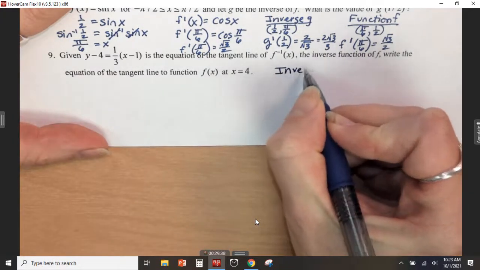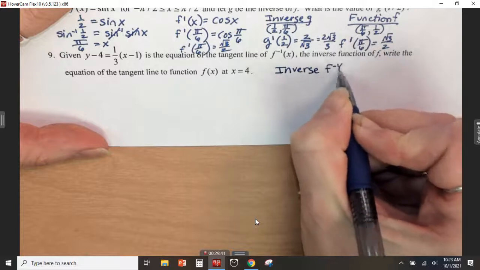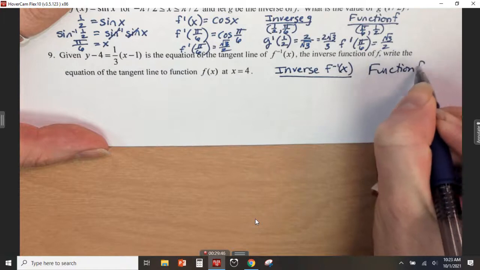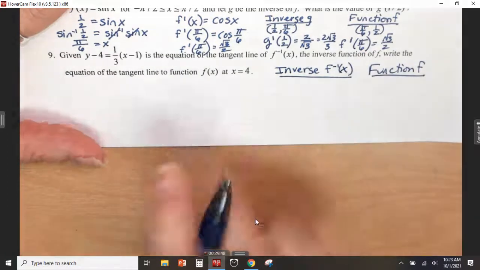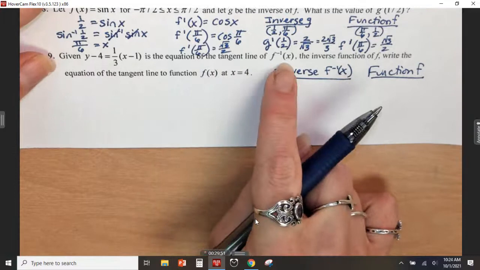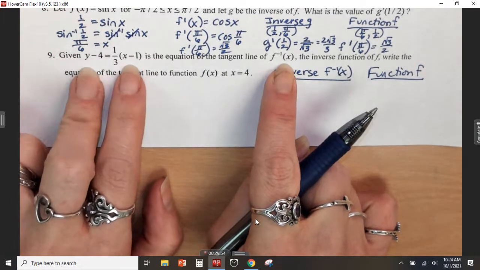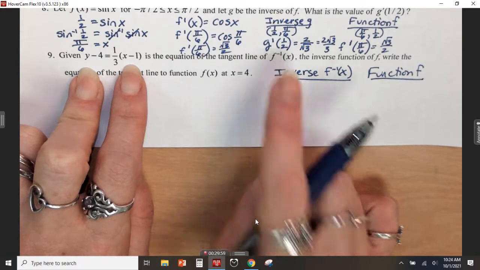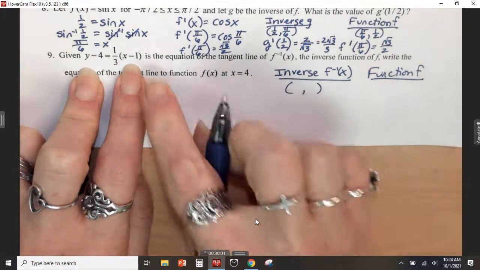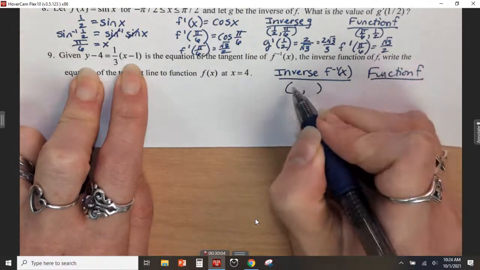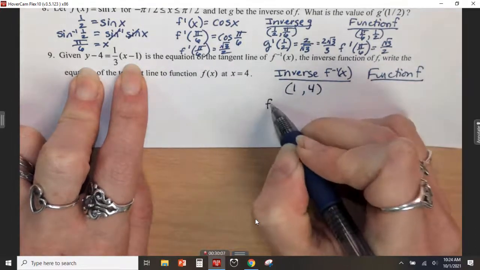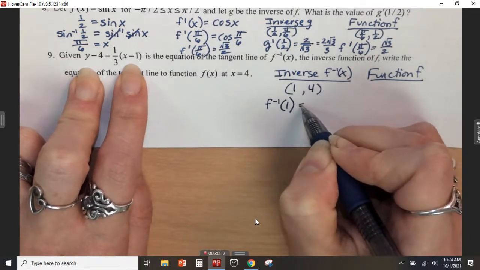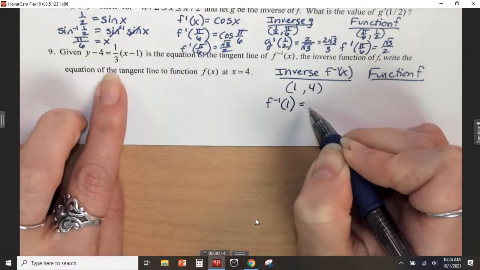The inverse this time is f inverse of x, and the original function is f. This is the equation of the tangent line of f inverse of x, in point slope form. So I know a point and a slope on my inverse. What is the point from this point slope equation? 1, 4. And the slope, the derivative of f inverse at 1, is 1/3.